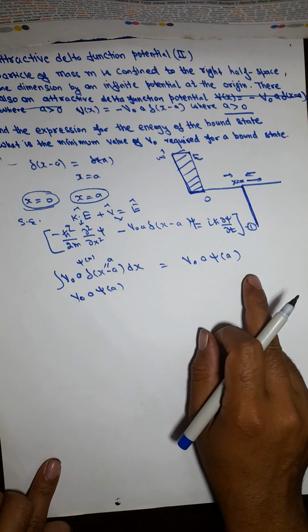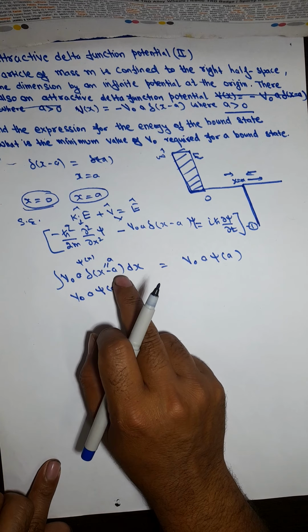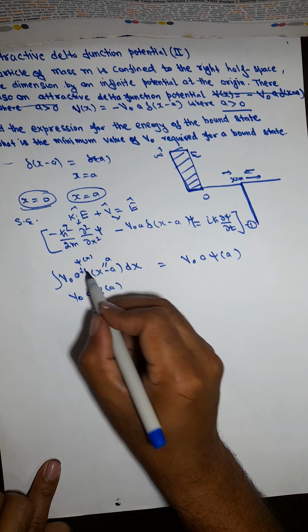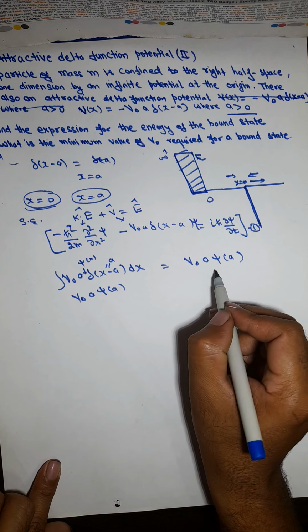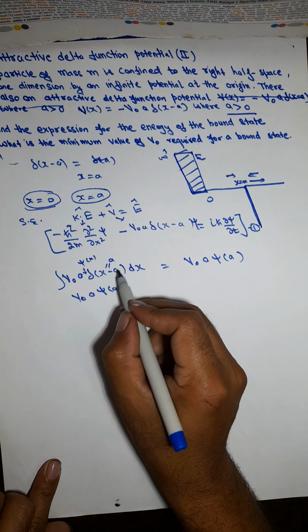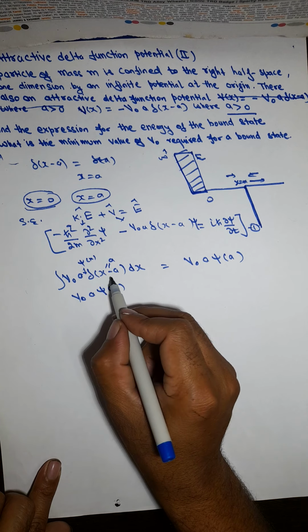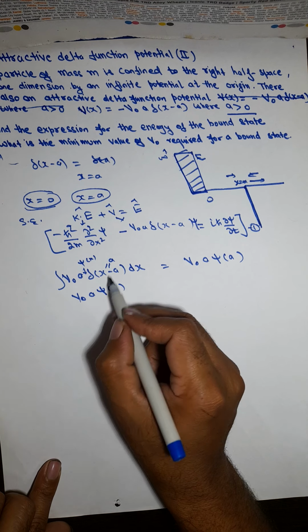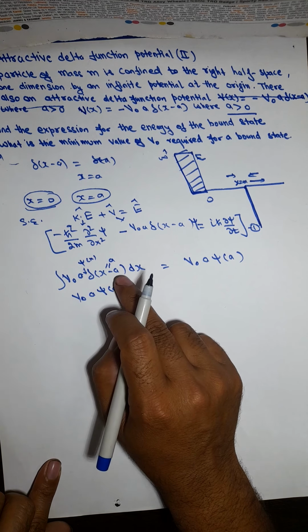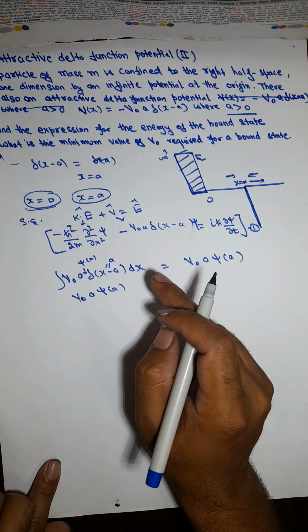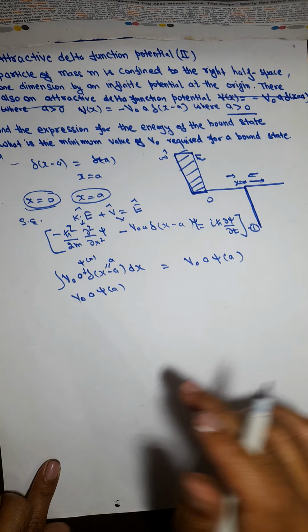Once we have the wave function, we just put x equal to a. This applies everywhere with a delta function; we just need to put in the value. If it is a single x minus a, not x minus a whole squared, otherwise the method is different. And delta of x minus a or a minus x is the same thing.